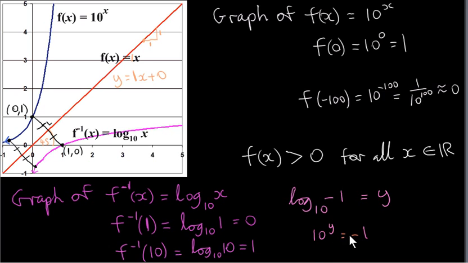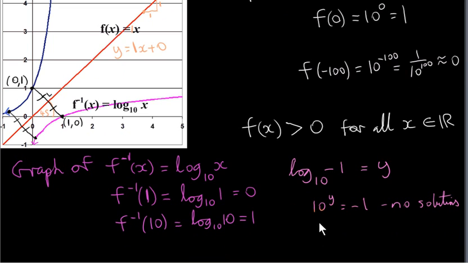Now, there's no solution to this, because if we raise 10 to any number, we always get a positive number. Because we see that from the graph, this graph is above the x-axis. It's always positive. All the y values are positive. 10 to the power of x is positive for all values of x or y, whatever, it doesn't matter what you call them. So there are no solutions to this. That's true for any negative number.